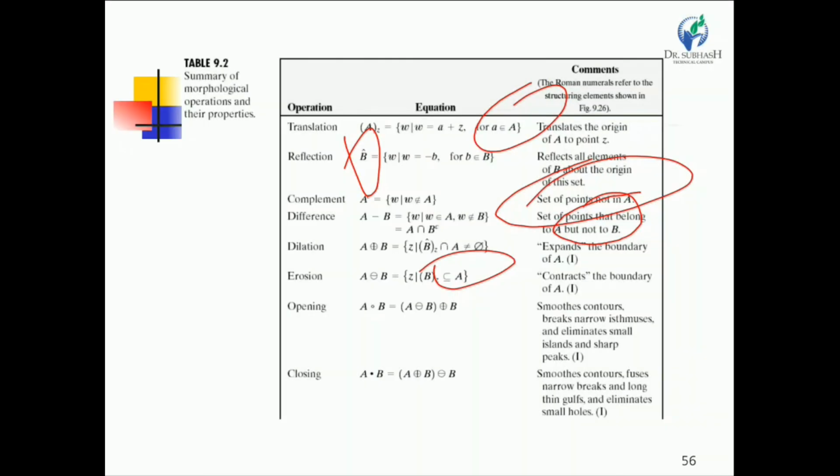Opening, A opening B, is A erosion B and the resultant term with dilation of B. It smooths contours, breaks narrow isthmuses, and eliminates small isolated peaks. Now closing, A closing B, is A dilation with B and the resultant term with erosion of B.